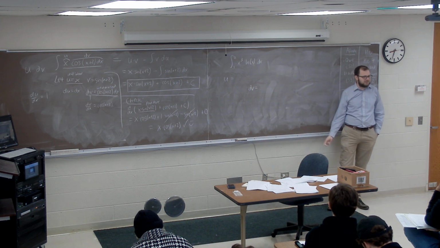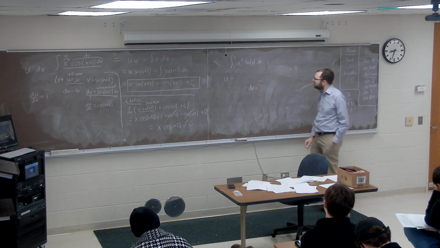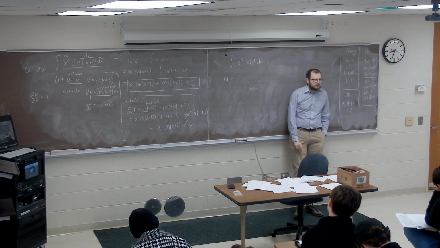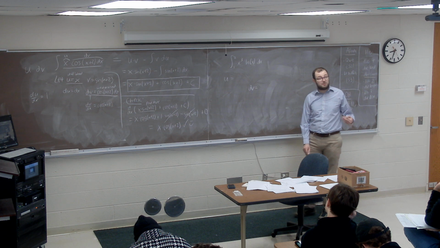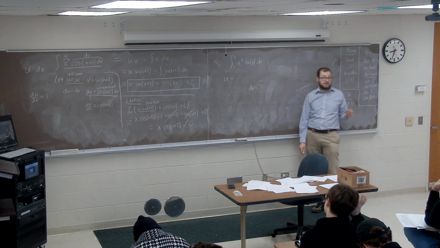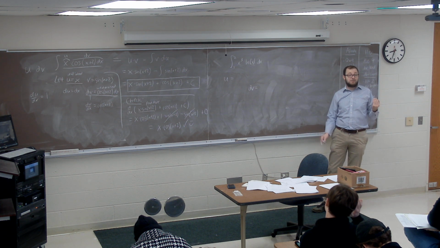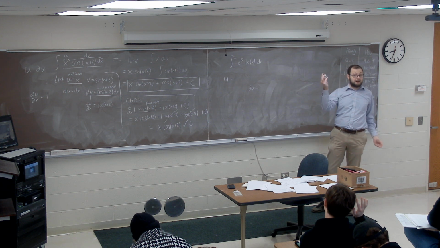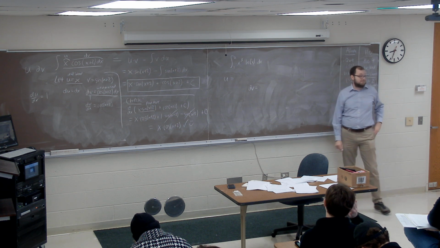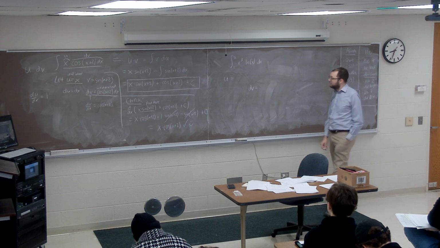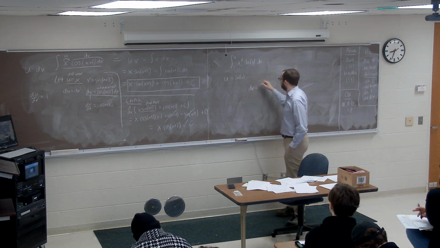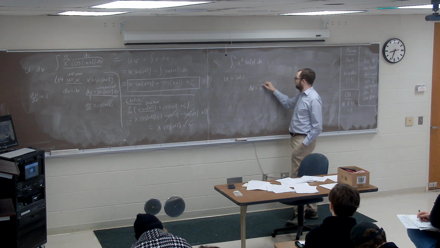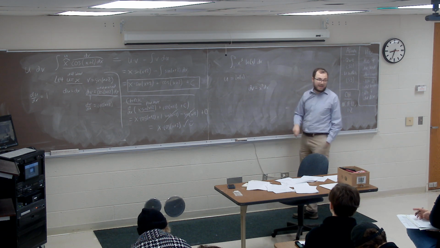So I'm going to give this one a go by parts. Would anybody like to propose a way that we can take our initial integral, x cubed times natural log of x dx, and split it up into a u piece that we can differentiate and a dv piece that we can integrate? Bethany? We could make u ln of x and dv the x cubed dx, like that?